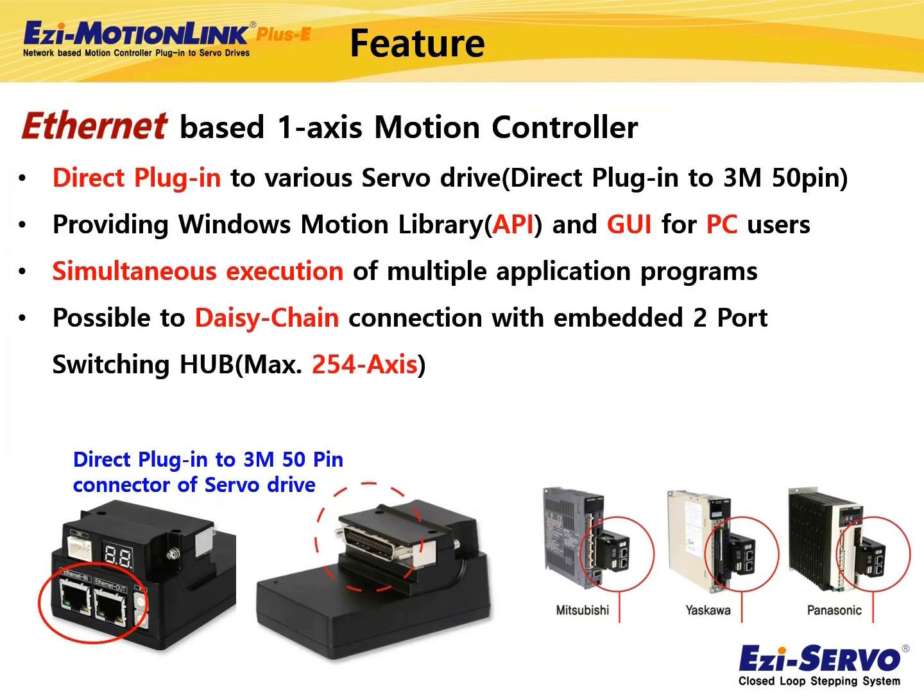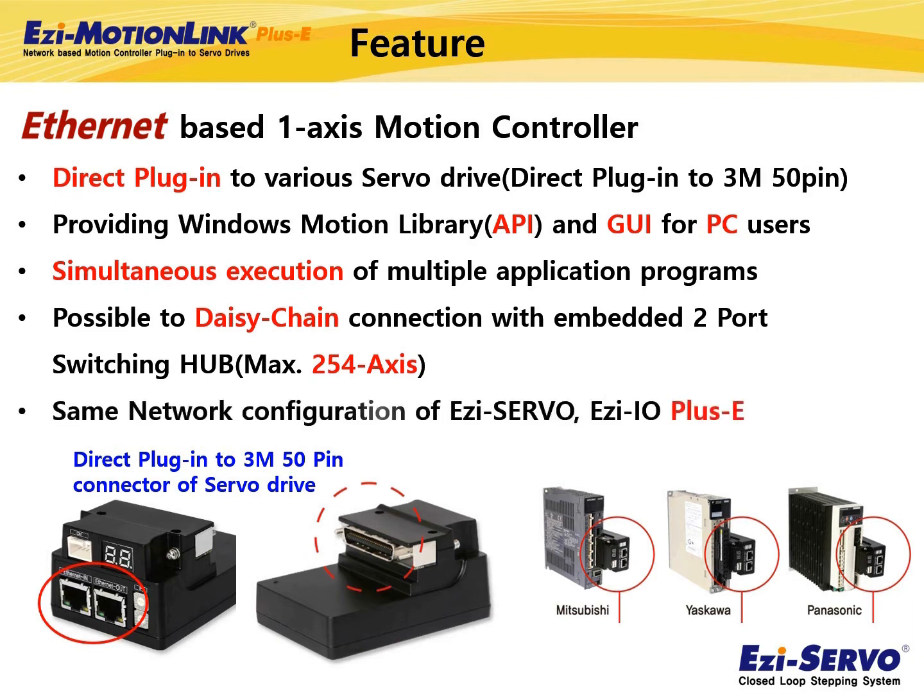The built-in two-port switching hub allows up to 254 axes to be connected. Compared to the limit of 16 axes, even when the RS485 communication type product, named EC Servo Plus R, is at its maximum, EC Servo 2 Plus E has 10 times faster communication response speed, so the number of axes that can be connected has increased.